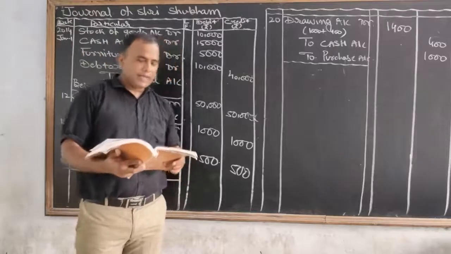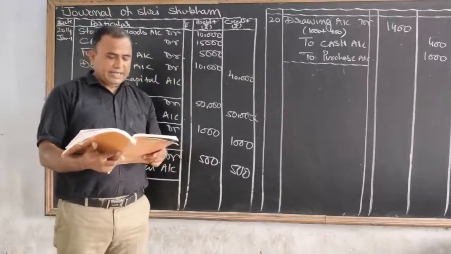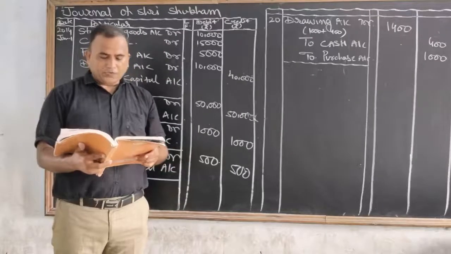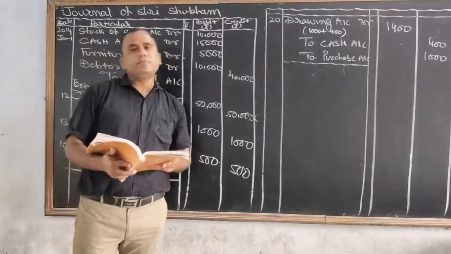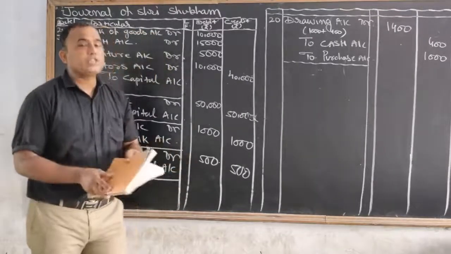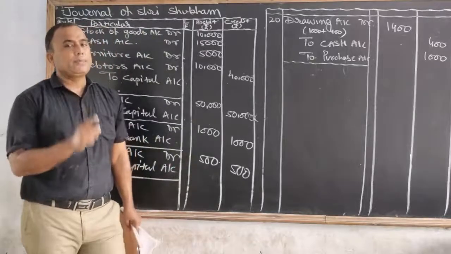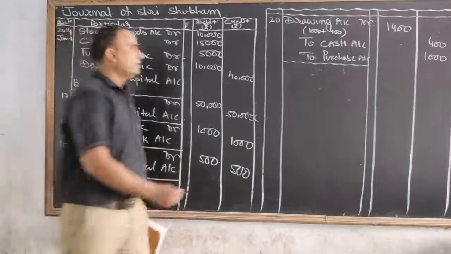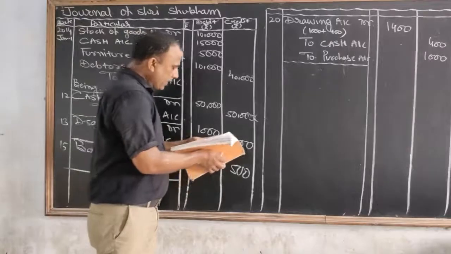Next one is number 21. Traveling expense of daughter rupees 1500 paid from the business. Traveling expense for the daughter, so it is a personal expense. So here we record two accounts are affected.